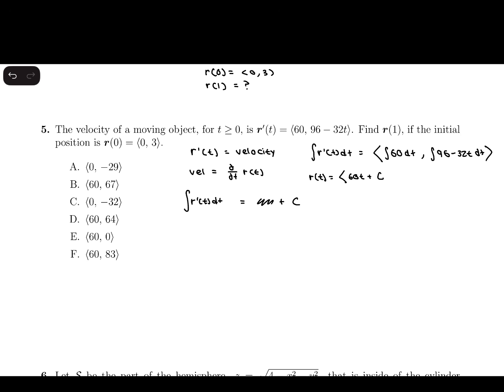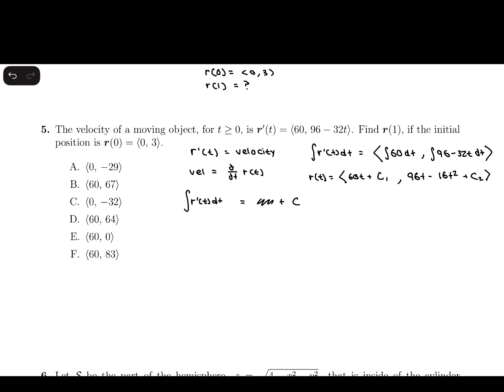Remember to add that c. I'll label this c1. And this will be comma 96, which just becomes 96t, minus 32t, so t squared divided by 2, which gets you 16t squared. Remember to add that c.